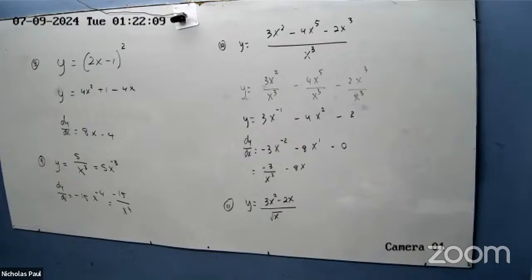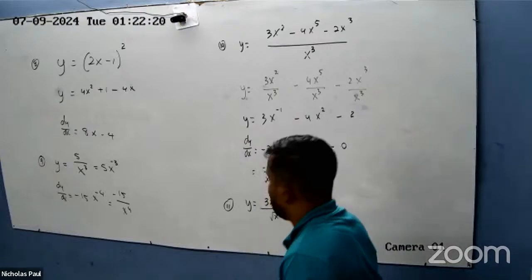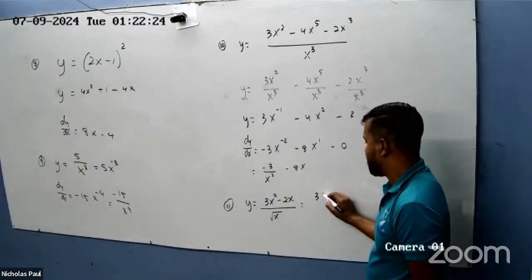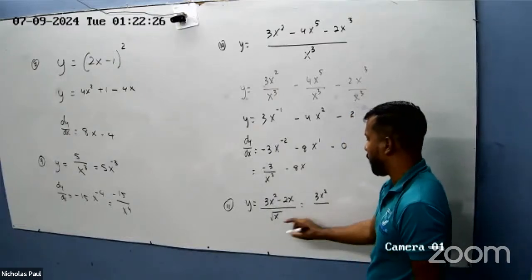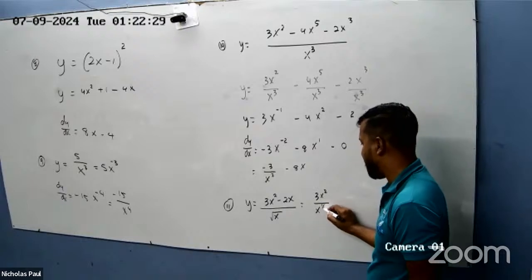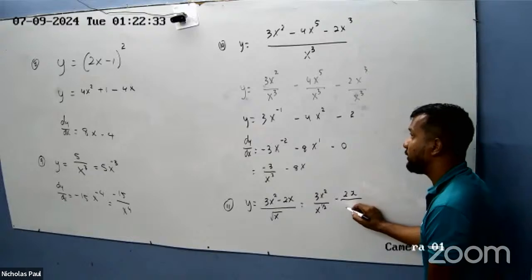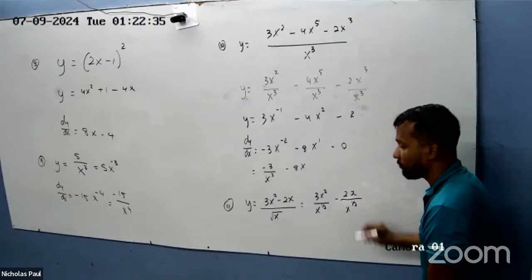Let's see how this one goes, and then we'll go back to some easy ones. The hard part was to simplify. So this is 3x squared over square root of x, which is x to the half, and this is 2x over square root of x, which is x to the half.